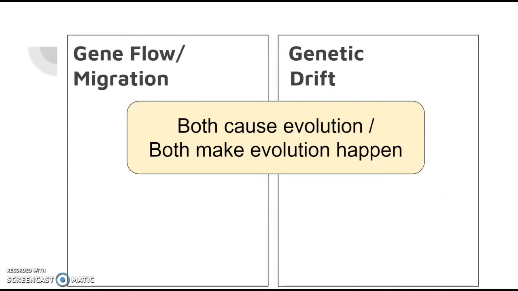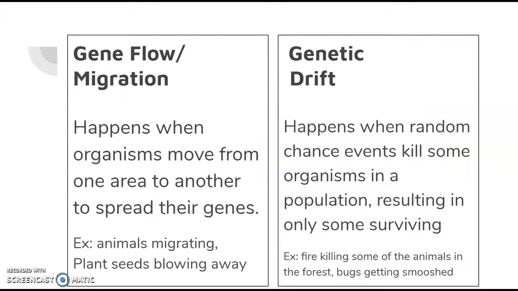So looking at the differences between gene flow and migration and genetic drift, a similarity is both cause evolution, both make evolution happen, but here are the differences. Gene flow and migration happens when organisms move from one area to another to spread their genes. The examples we talked about were animals migrating or plant seeds blowing away in the wind.